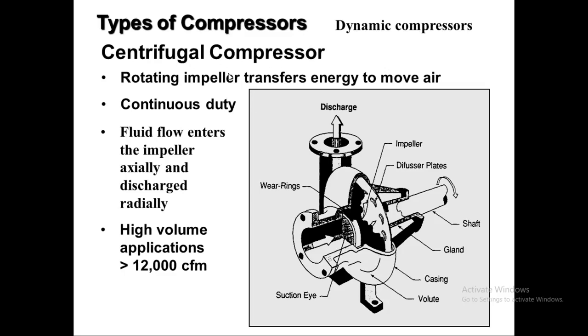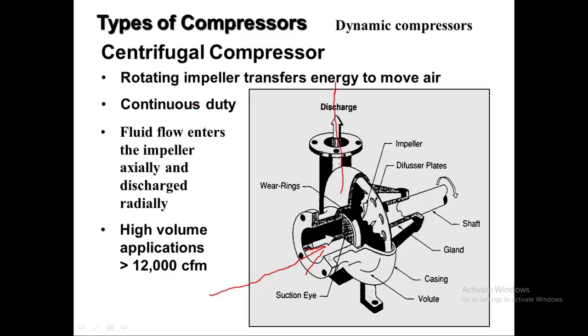In a centrifugal compressor, a rotating impeller transfers energy to move air. It is continuous duty, so it gives you a larger volume and continuous supply of air or the fluid. Fluid enters the impeller axially and discharges radially, so it's coming axially from this direction, and then it will go out in the radial direction.